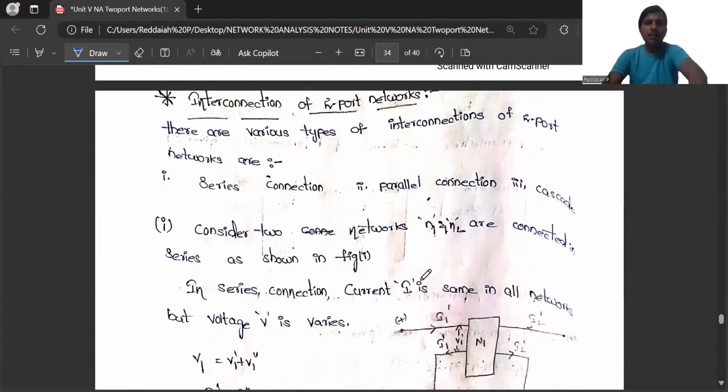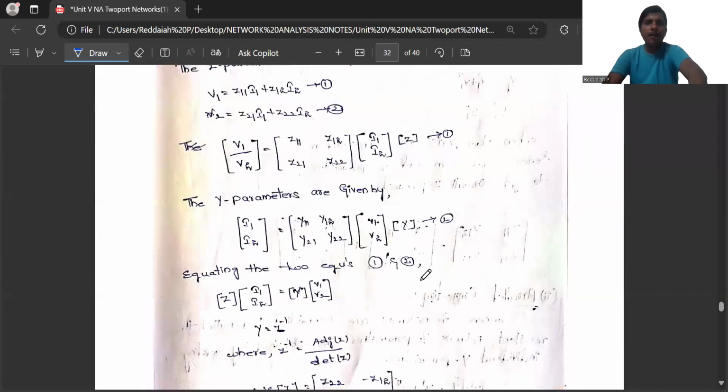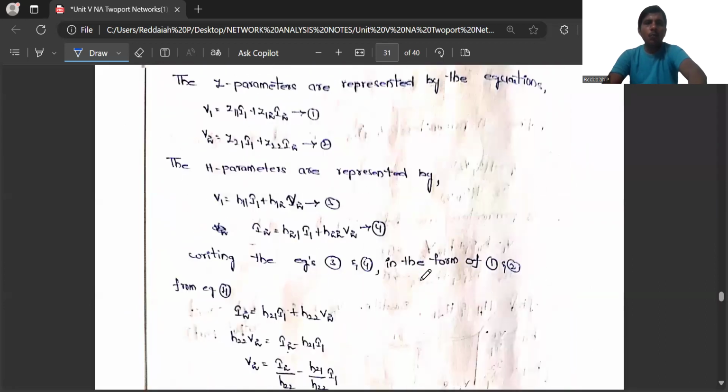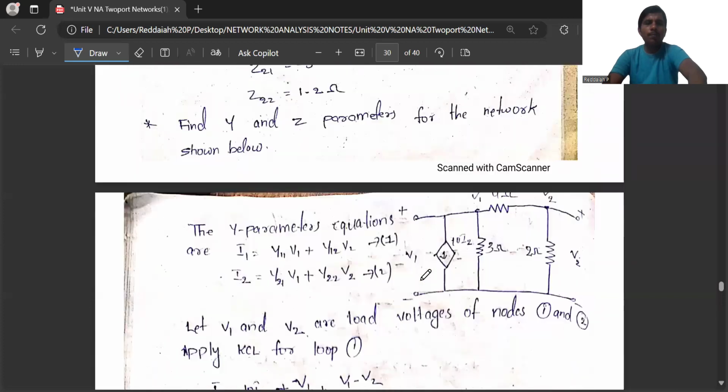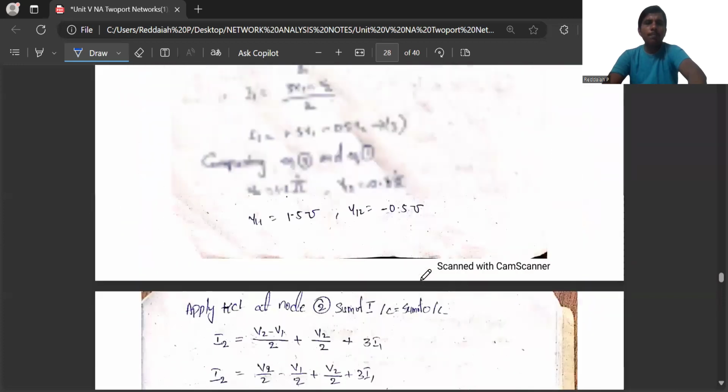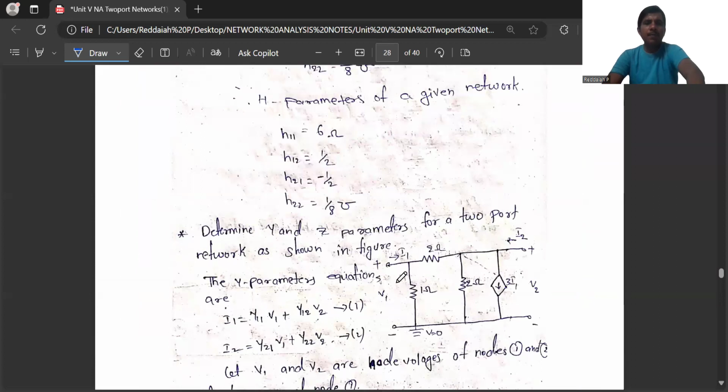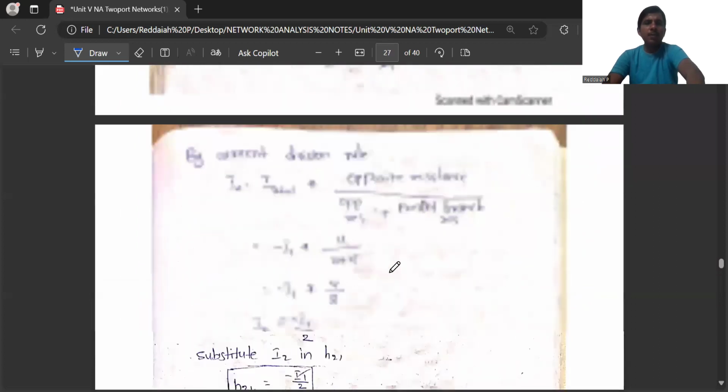Find cascade parameters or ABCD parameters. Let's see now.